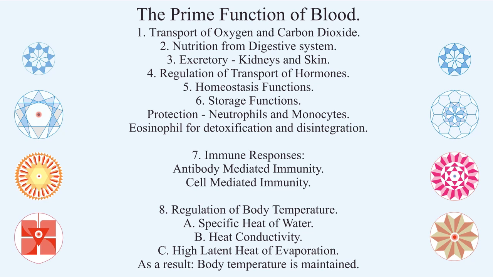Second thing is nutrition from the digestive system, like water, nutrients, electrolytes, and other essential things which are required for homeostasis, along with oxygen. They should be obtained from the digestive system, and they're absorbed from the external world into the digestive system.